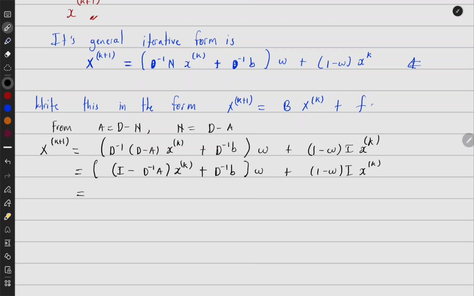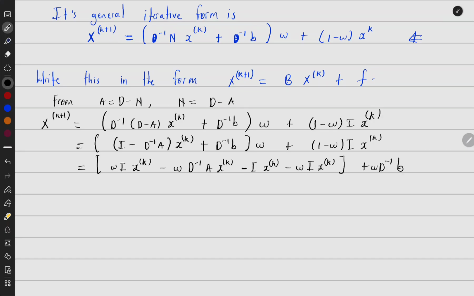Now I can categorize the ones which have x^k together. Then we see that this and this cancel, so we remain with the general form now. So this is k plus 1.